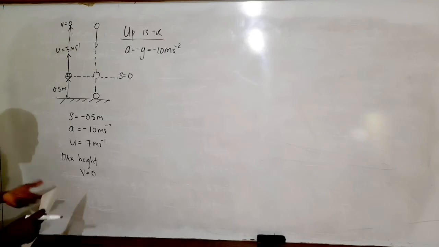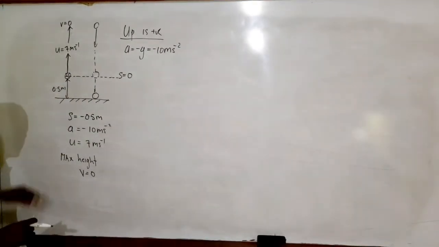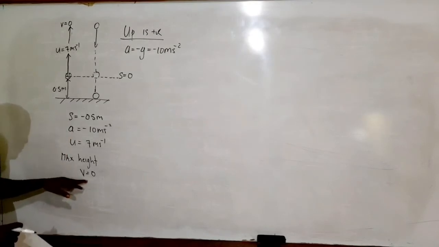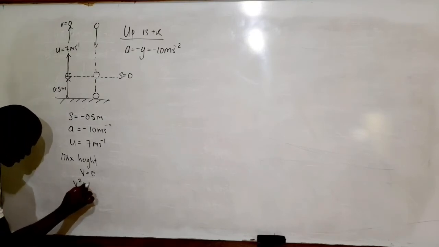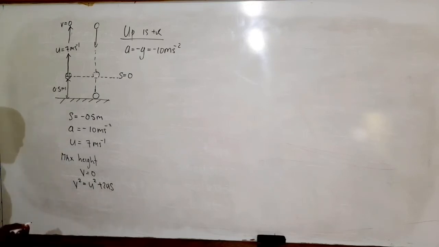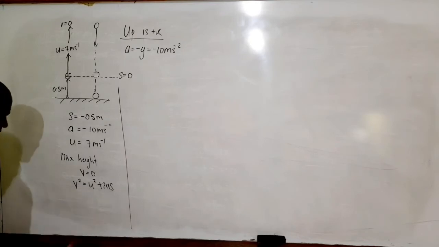Because we're interested in finding the maximum height reached, we're going to use an equation which includes the acceleration, initial velocity, final velocity, and displacement. And so we'll use the equation V squared is equal to U squared plus 2AS, right? Continuing, we can just make S the subject.